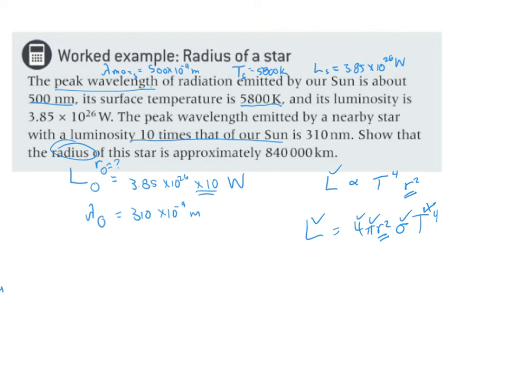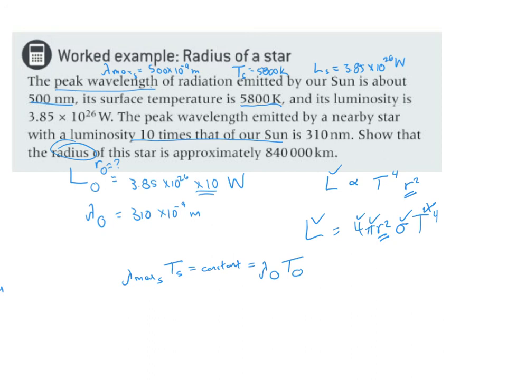But since I do have the wavelength and temperature of our sun, and I know that lambda max times the temperature is equal to a constant, so will the maximum wavelength of the other star and its temperature be the same.